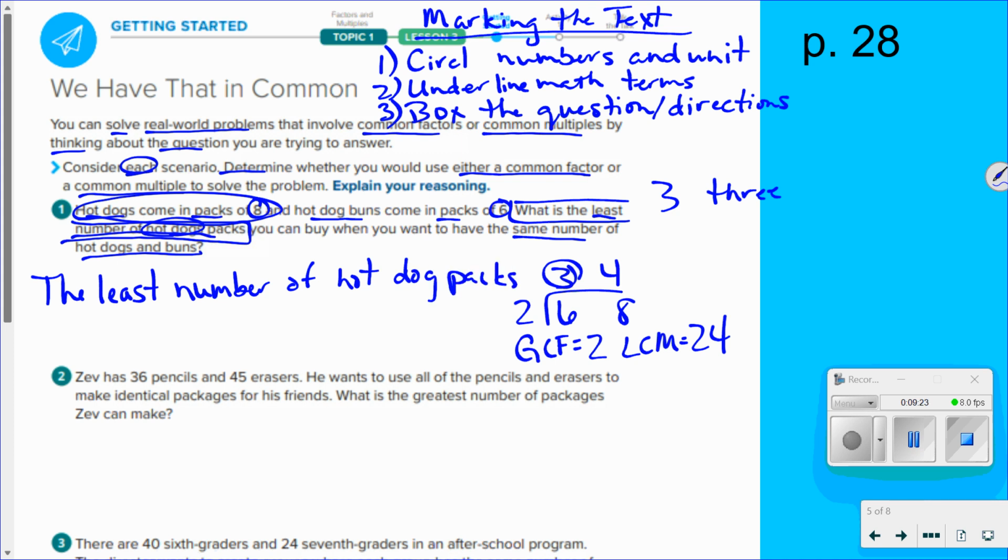No. Remember, there's 8 in each pack. How many packs? 3. You understand where you went wrong?